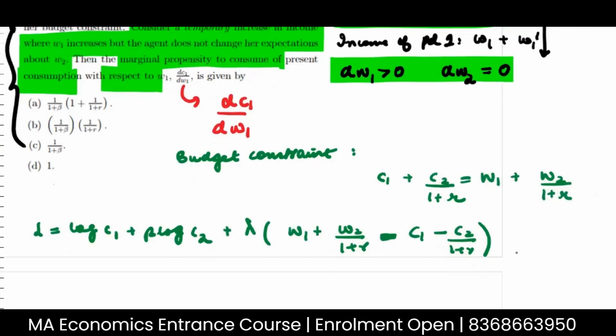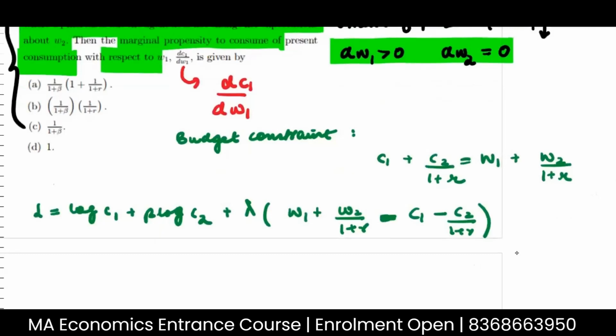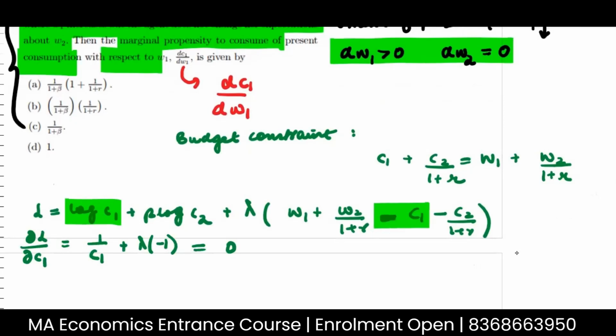Right. Now let's see what del L by del C1 will be. This will be 1 upon C1 plus lambda times minus 1 is equal to 0. So this will mean 1 by C1 is equal to lambda.